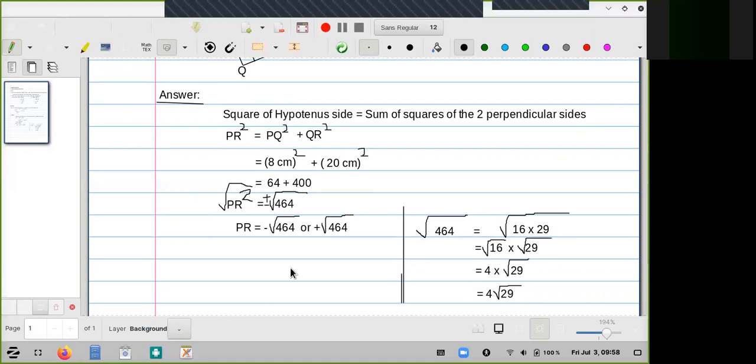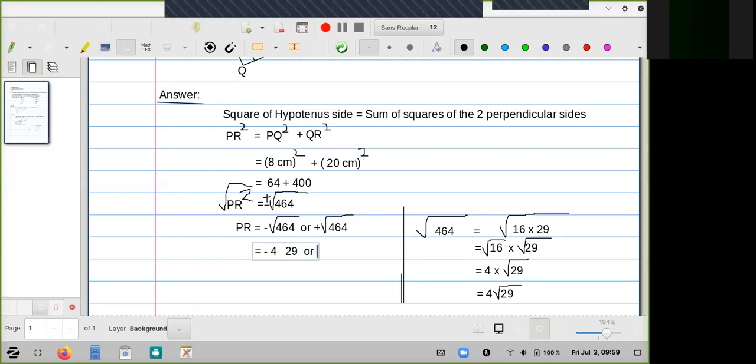So it now means that my side PR is either negative 4 square root of 29, or positive 4 square root of 29.